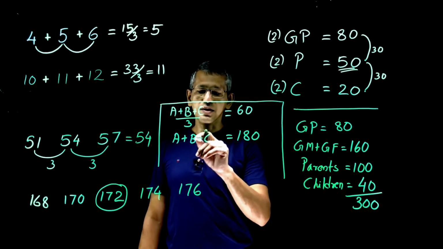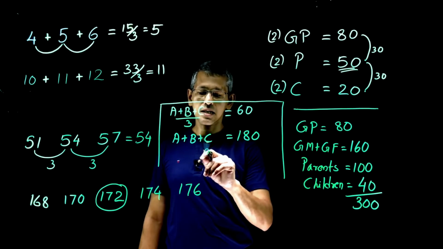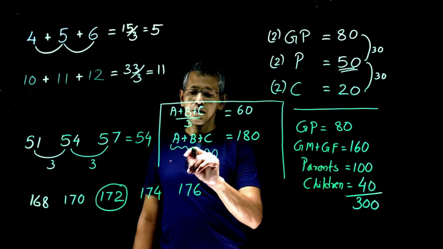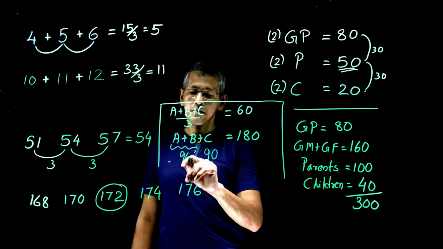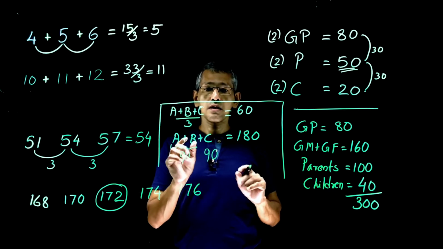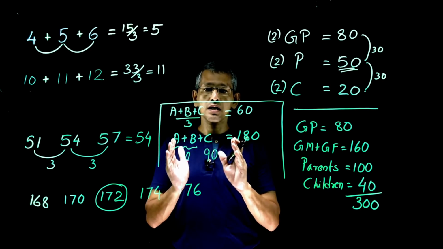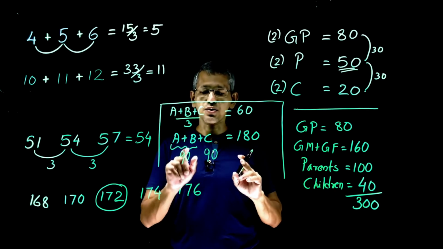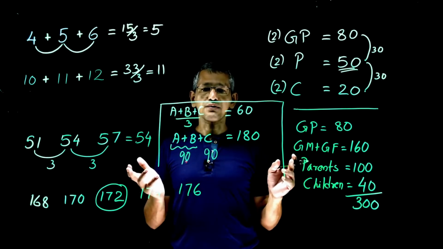And the mark of C is what? 90. C alone is 90. So that means A plus B together would be 90. Now, the question, what's the average of A and B? A and B together it's 90, so average would be A plus B by 2, right? So 90 by 2, 45.